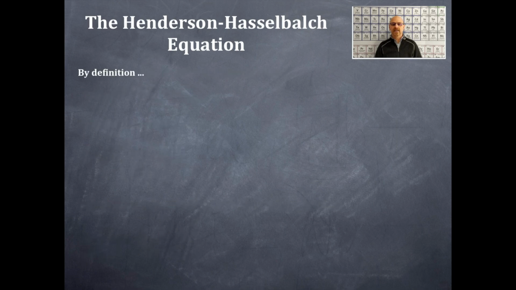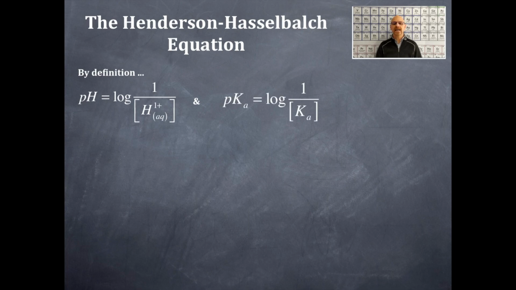By definition, the pH is equal to the log of 1 over the hydrogen ion concentration. pH is the negative log of the hydrogen ion concentration. Don't forget your rules of logs. Furthermore, the pKa is equal to the log of 1 over the Ka. Again, pKa is the negative log of the Ka. Remember your rules of logs and negatives and reciprocals.